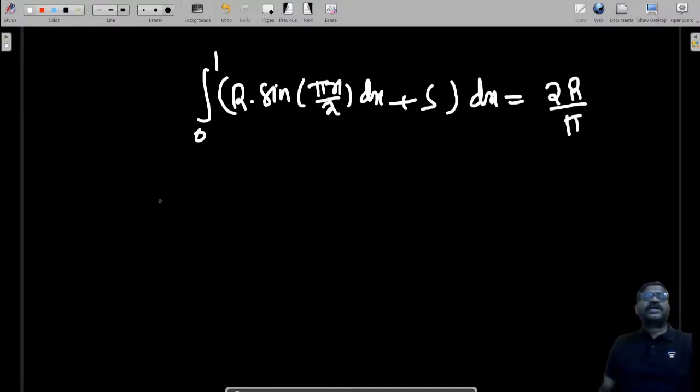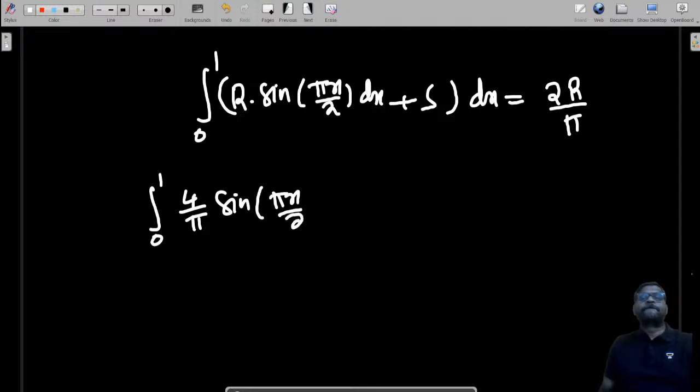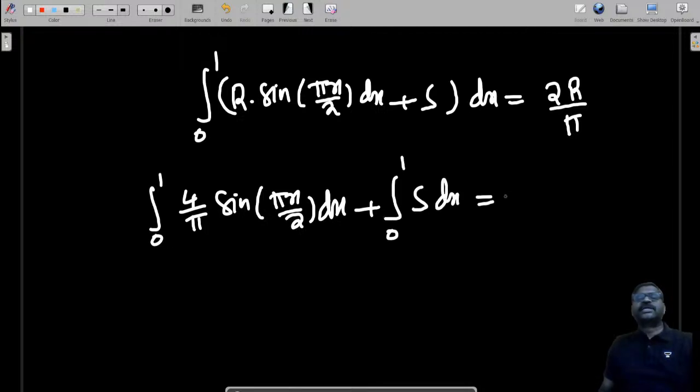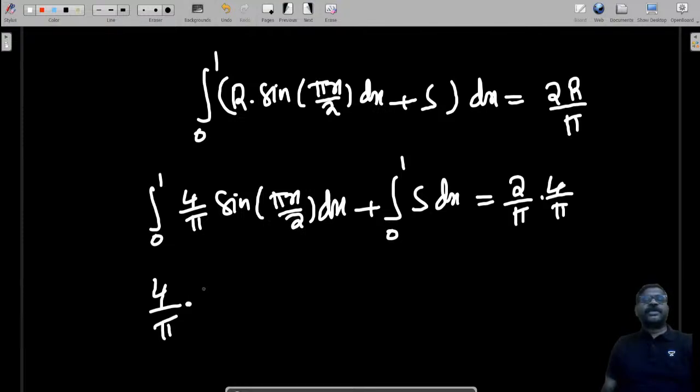Now integral 0 to 1 r value 4 by pi, sin pi x by 2 dx plus integral 0 to 1 s dx equal to 2 by pi into 4 by pi.